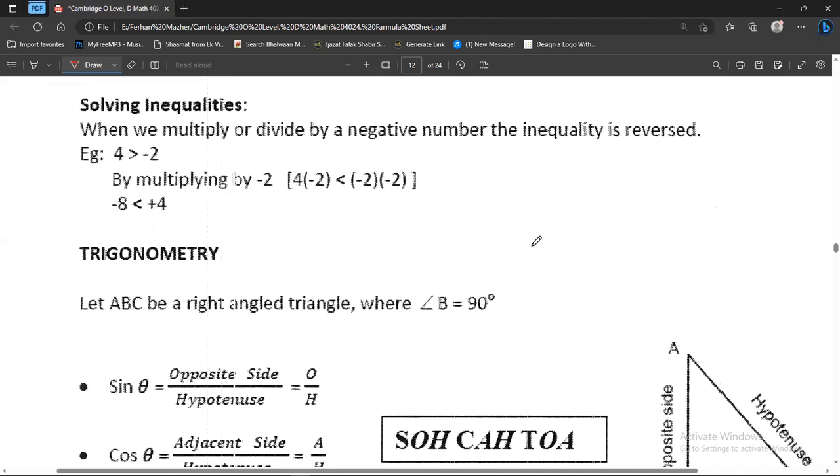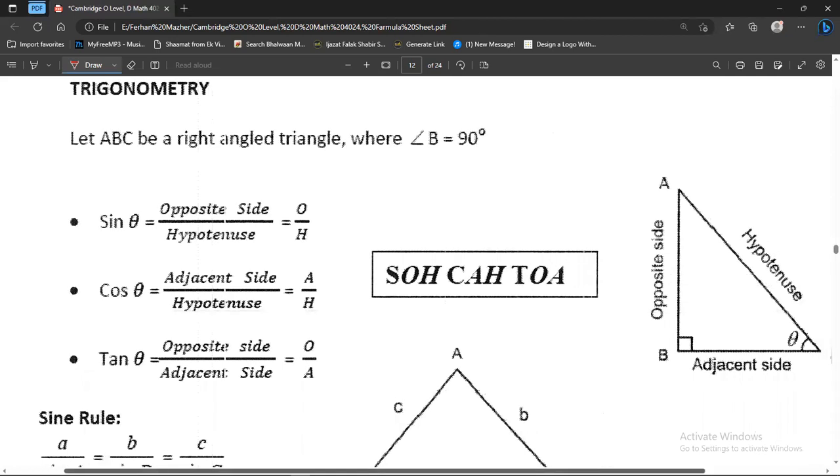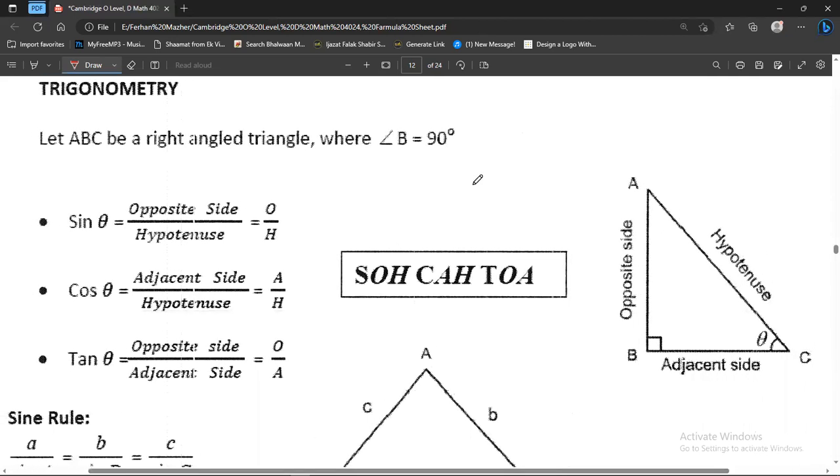Trigonometry. Let ABC be a right angle triangle where the angle B is 90 degrees. So sine theta is the opposite side divided by the hypotenuse.